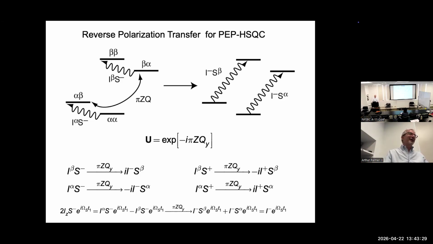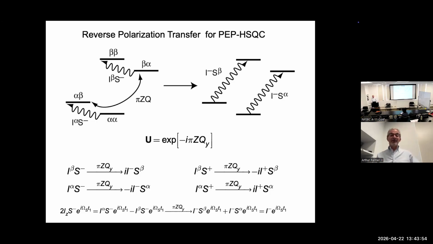And at that point, I was trying to learn how HSQC worked, the experiments I wanted to do. And at that point, the only thing I knew about the HSQC was that it was cosine modulated. So I figured if they could make it work in that experiment because it was cosine modulated, we should be able to make it work in an HSQC that was cosine modulated. And that turned out to be the case.